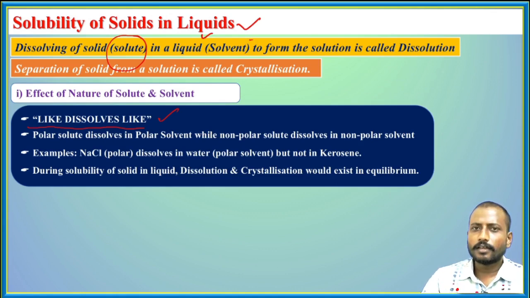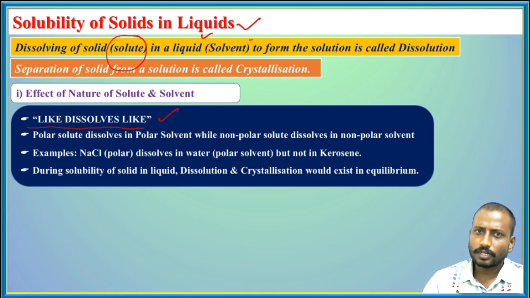Polar solutes dissolve in polar solvents. Non-polar solutes dissolve in non-polar solvents. What is polar? Polar means charged. Molecules having charge are going to dissolve in charged solvents. Water has a charge separation, that is a dipole, so sugar is going to dissolve in water. But oil has no charge separation, while sugar has some charge separation.